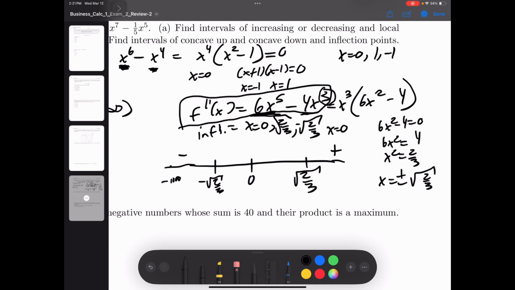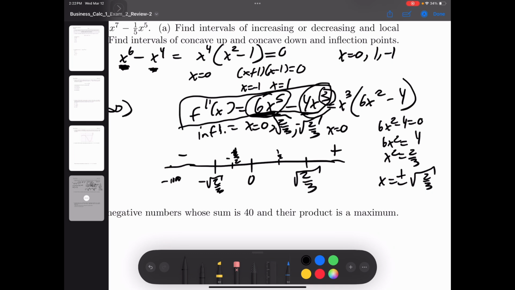Now choosing these intermediate points is a little tough, but I can tell you that -1/2 is between negative root 2/3 and 0, and positive 1/2 is between 0 and root 2/3. So we can use the halves. And let's see here. If I plug in positive 1/2, I get something that is 1/2 to the fifth.